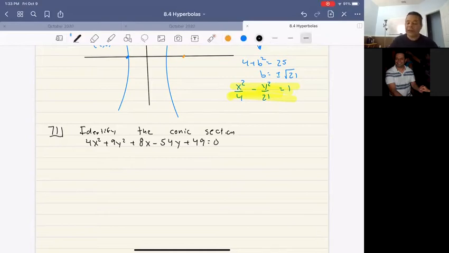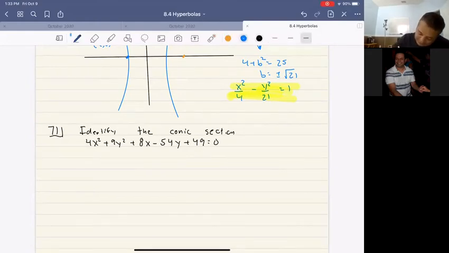Now we're going to have to put that into the form of a conic section. So basically I'm completing the square. First, let's move this 49 to the other side.